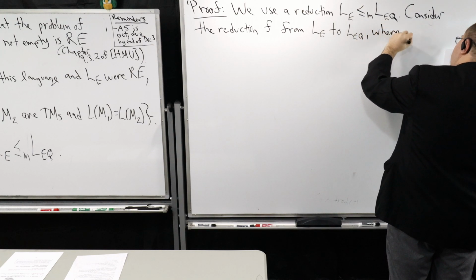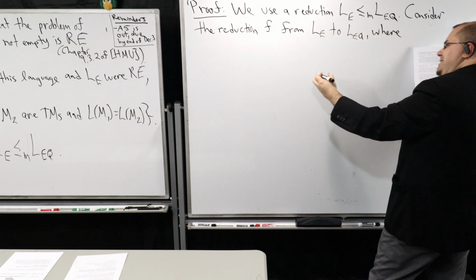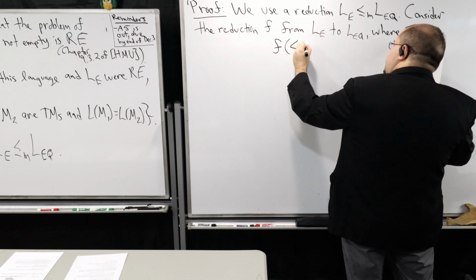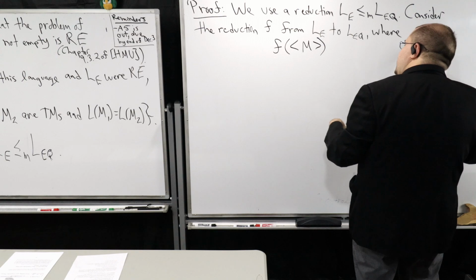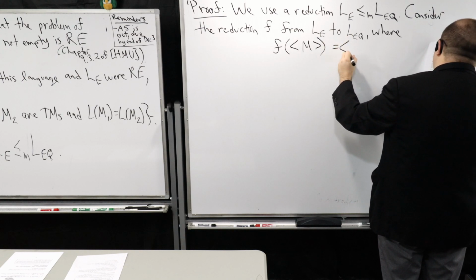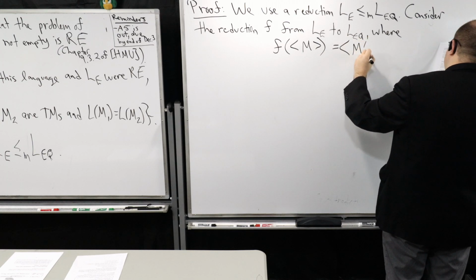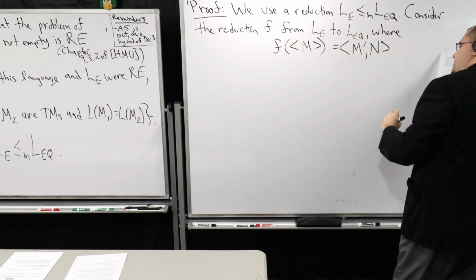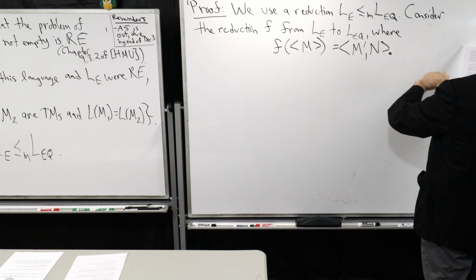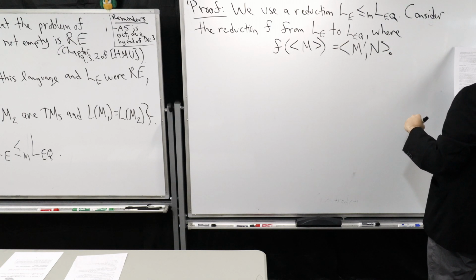I like to write it out just so it's clear what we're talking about. F is going to take a description of a machine, and give a description of two Turing machines. One I'm going to call M prime, the other one I'm going to call N. So here we go.